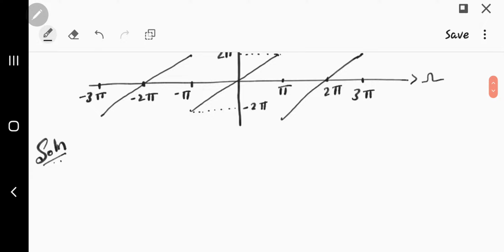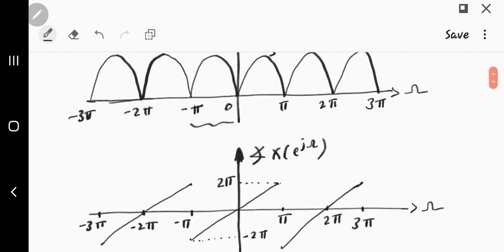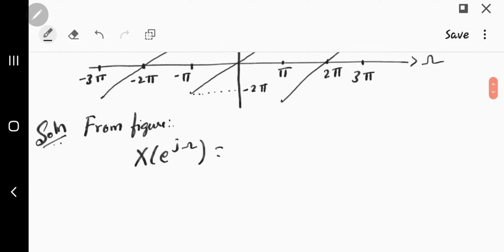If you observe the figure, from the figure we have to define x of e power j omega. We have two different values for x of e power j omega, from minus pi to 0 and 0 to pi, that we have to define.